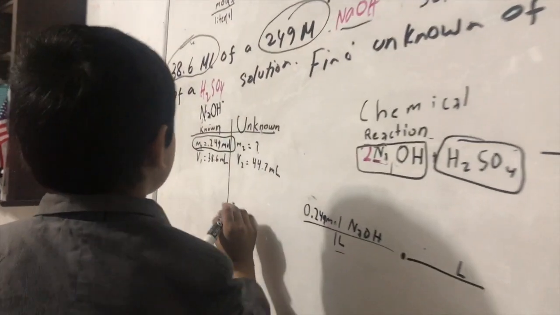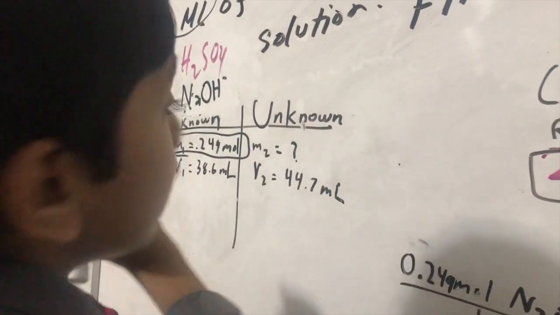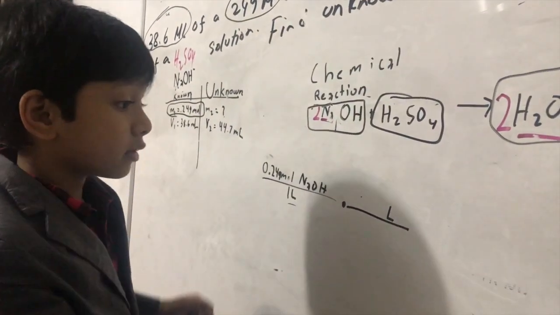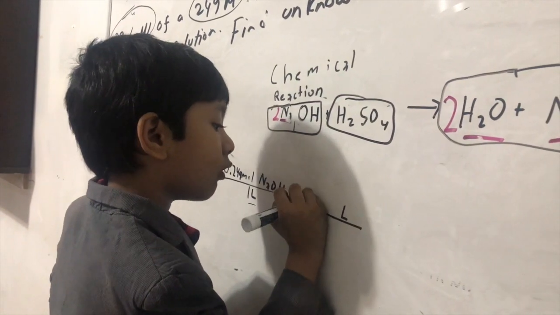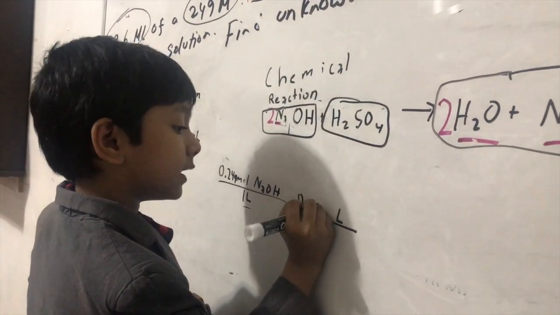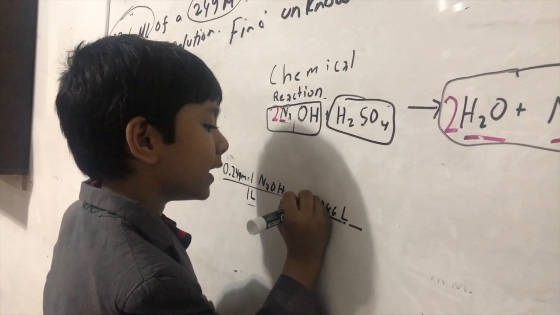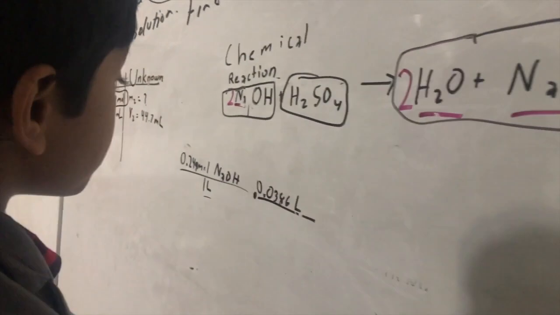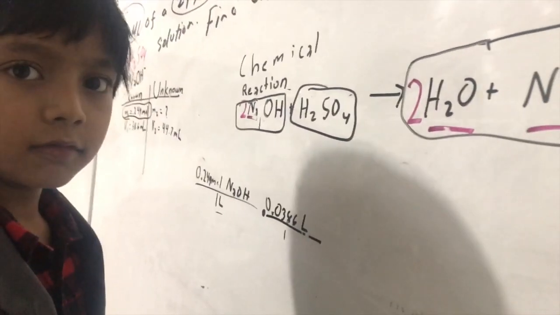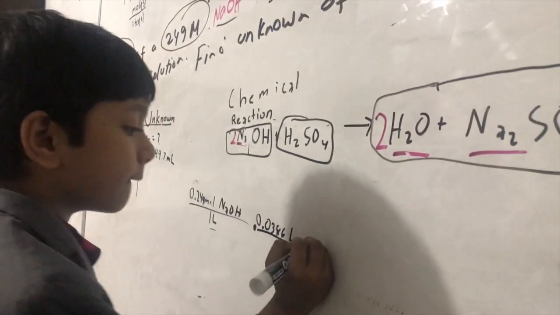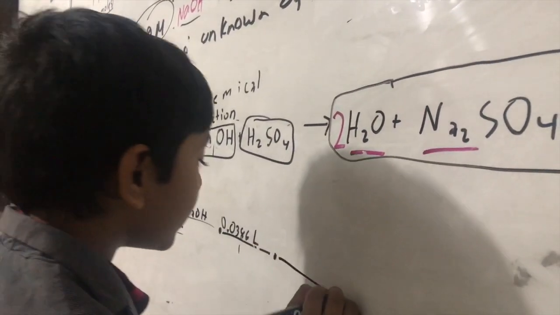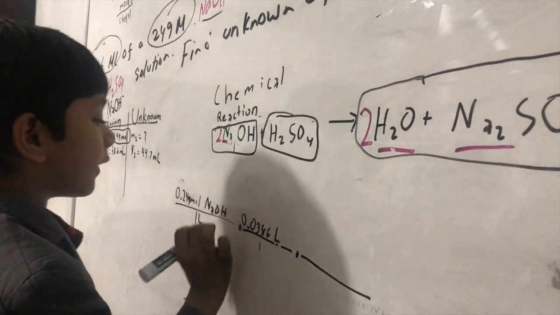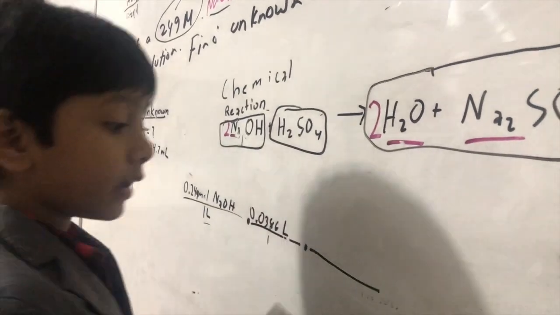So what is the volume of the known substance converted to liters? 0.0386. Such a small number, isn't it? Divided by just 1, no unit, times, there is 1 mole of NaOH on the top, right?